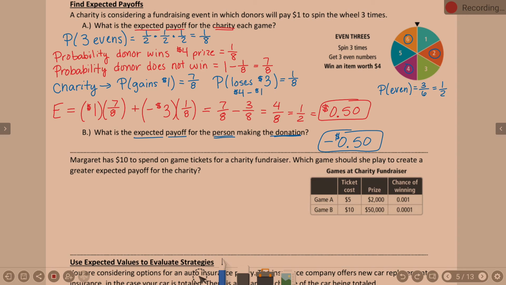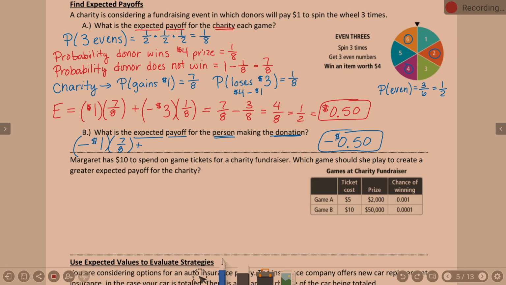I just thought it's kind of the opposite. Instead of gaining $1, I'm automatically losing $1, so you could think of it as negative $1. If I pay $1 and I lose, that is a 7/8 chance. Plus, if I win, I'm not really winning $4.